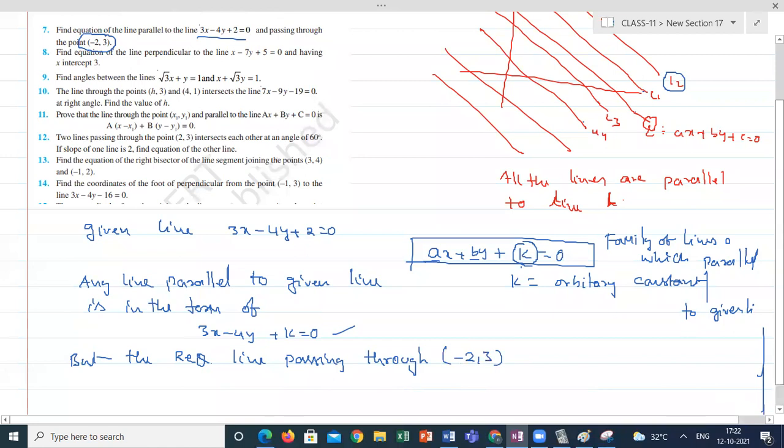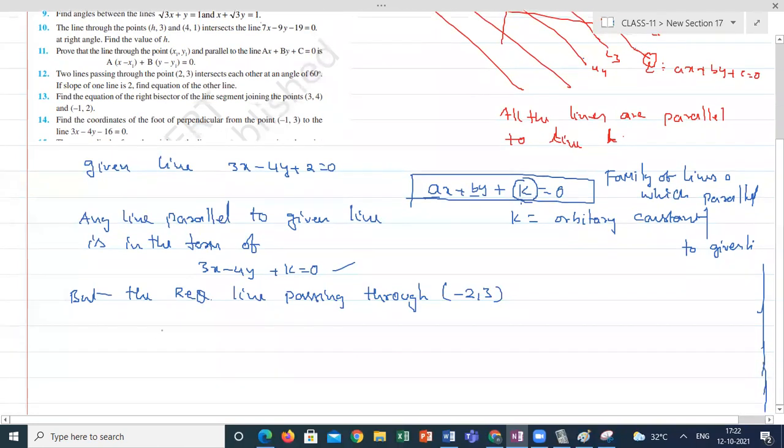Then with the help of this second condition, find the k value. So 3 into minus 2 minus 4 into 3 plus k is equal to 0. Then k will be equal to how much? 6 plus 12, which is 18.